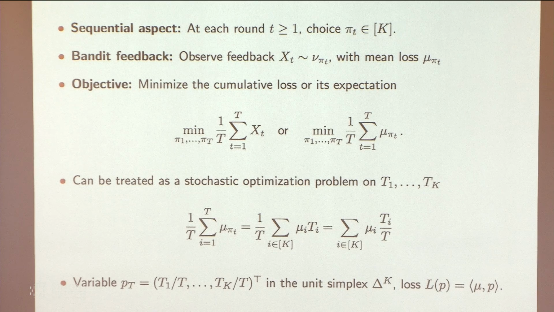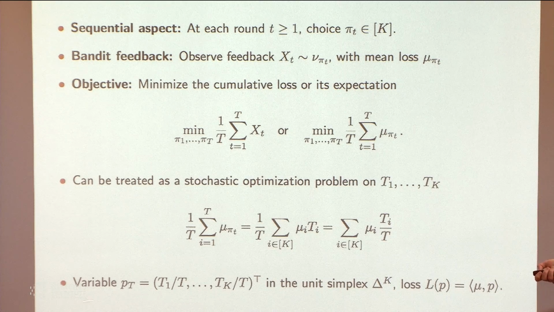And then one point of view is that this can be treated as a stochastic optimization problem. Of course, you don't know the mu's. If you knew them in advance, you would just always pick the action that corresponds to the smallest loss. But if you don't, you can rewrite this function in this way. If you don't sum over time, but sum over all the actions, this is equal to mu i times the number of times you've played action i. And since you're taking an average, you can write it like this as well, T_i over t.